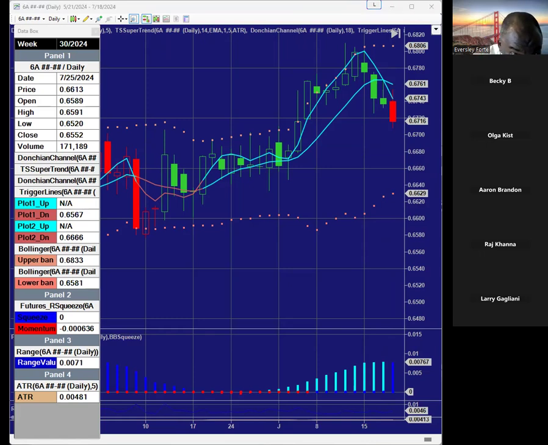What's the difference between those two numbers? The difference between 0.6775 and 0.6698. How many ticks is that? 77. All right. At $1 a tick, that means for every one micro contract, you're risking $77.